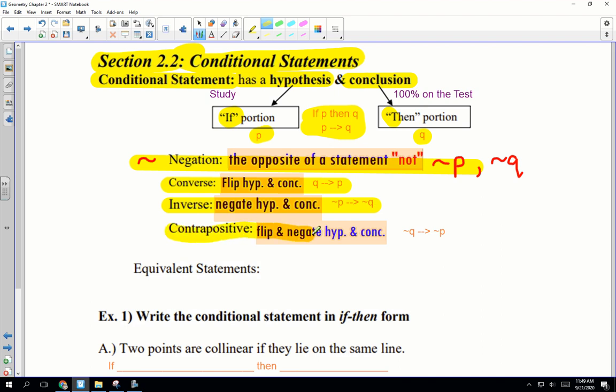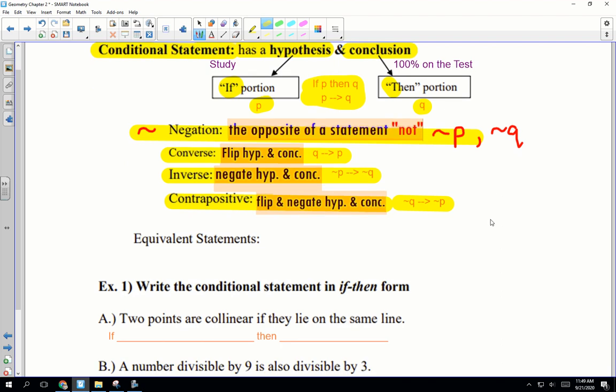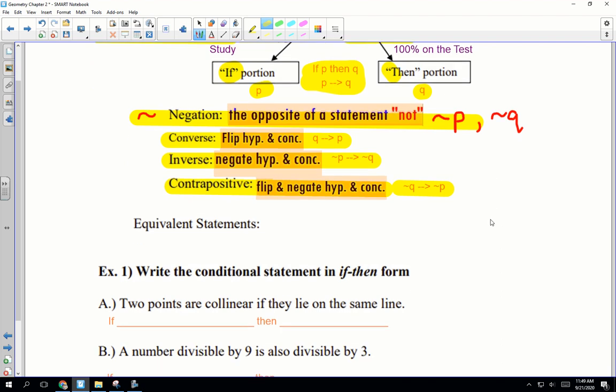Contrapositive flips and makes the hypothesis and conclusion the opposites. Okay, and we're going to do a lot of examples, so write these down. We're starting to create neurons in your brain. It'll come together as we look at the examples.